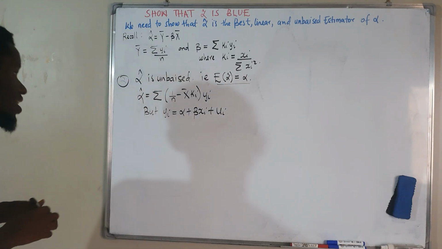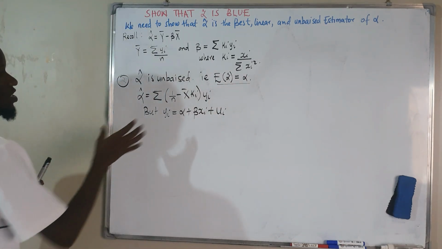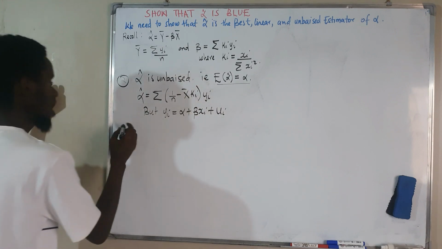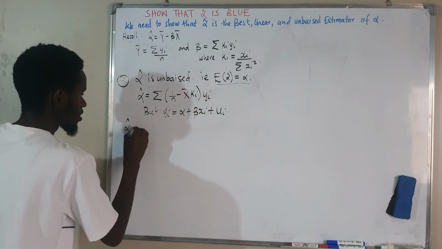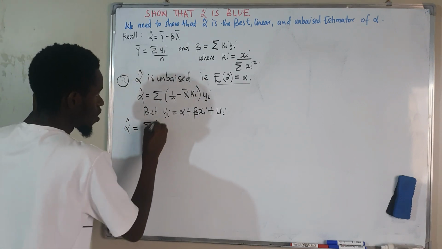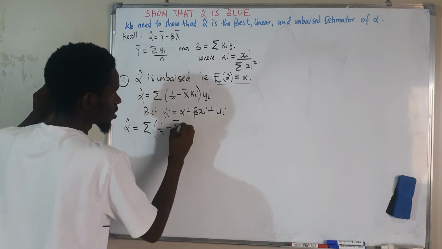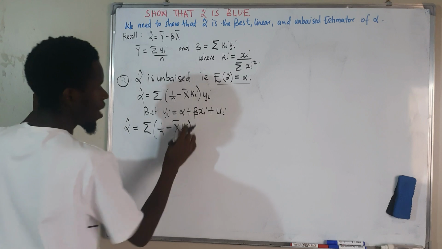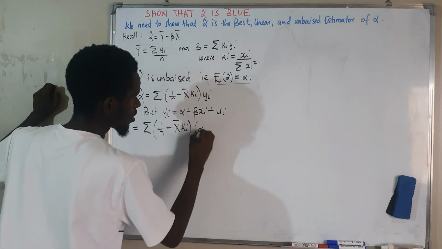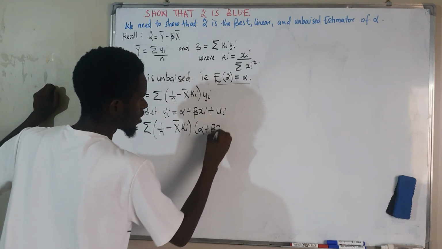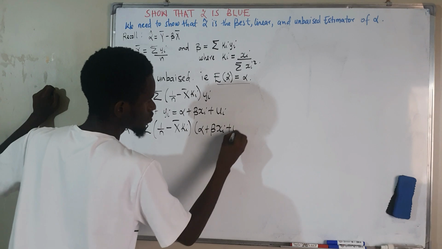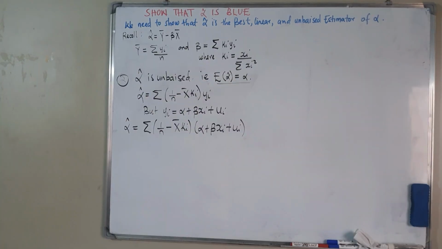I can easily show it, but I first need to expand this. Alpha hat is the same as the summation of 1 over n minus x bar ki, times yi, which is alpha plus beta xi plus ui, our error term.